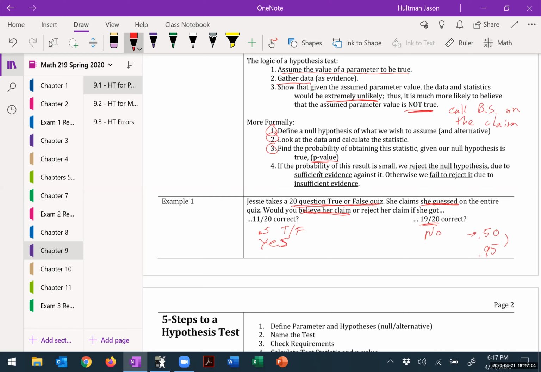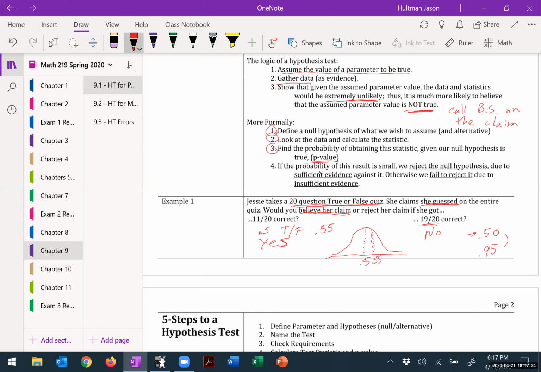Whereas from 0.5, how far away is 11 out of 20? That's 0.55. Is that close? Yeah, that is close. If we were to look at a normal distribution here, and the claim is that she got 50%, what's the probability that she got 55%?